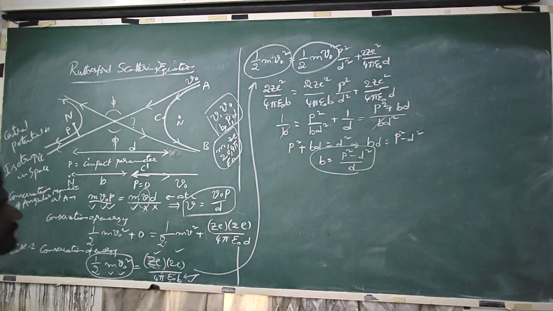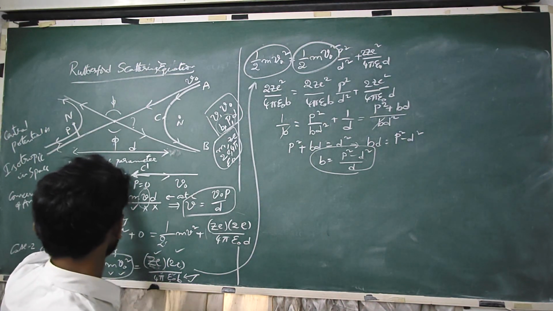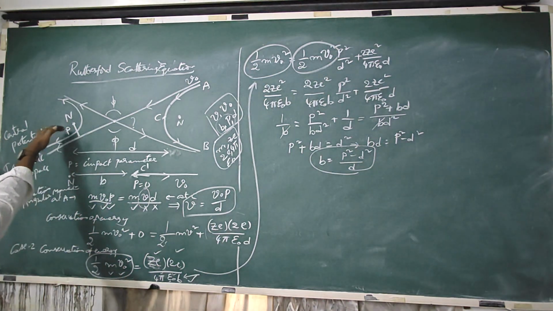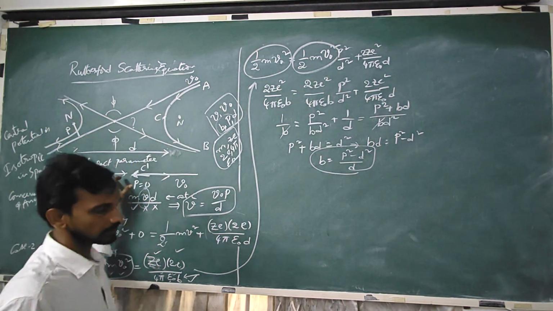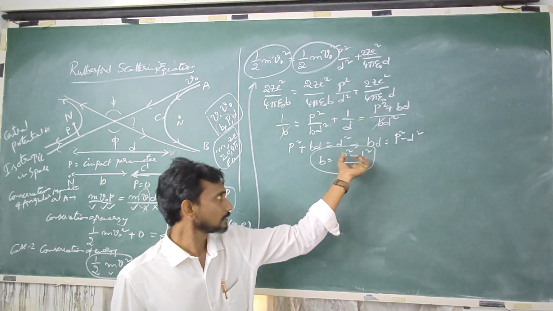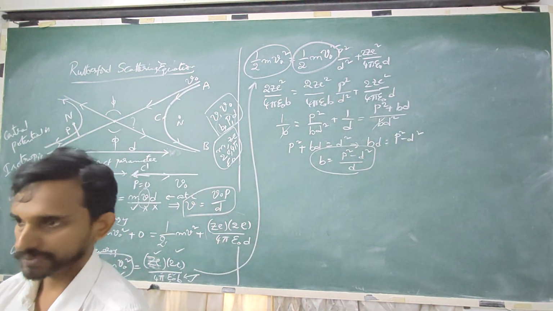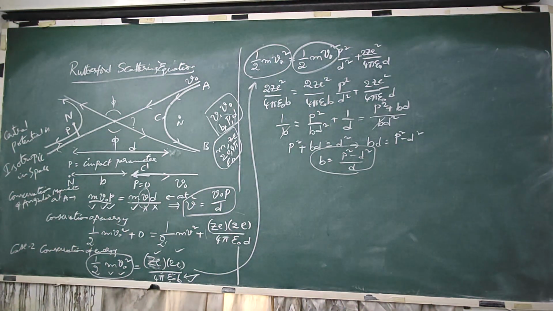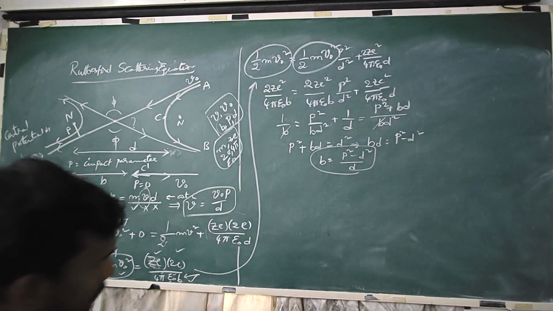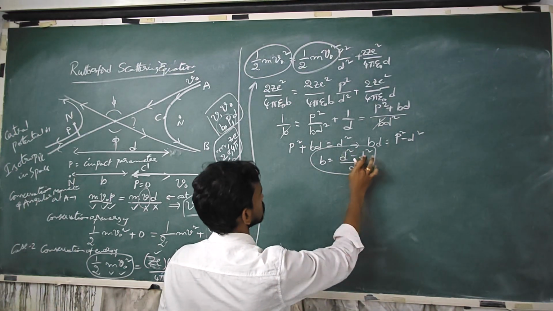Okay. So that is how I related the parameters defined in the two studies. So the parameters defined in the first study are p and d, and in the second study it is b. So I got a relation between b and p, d.